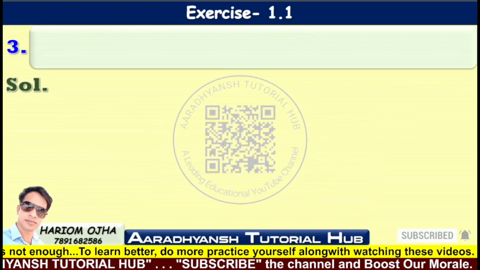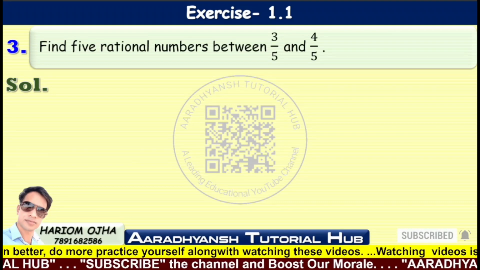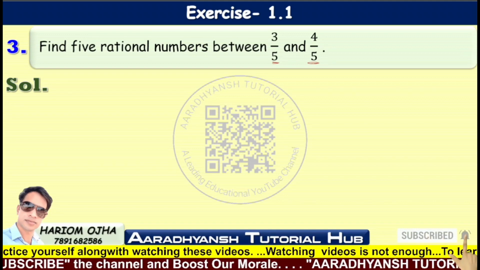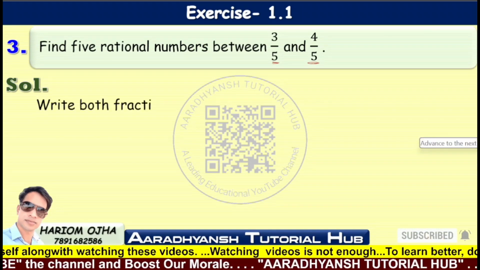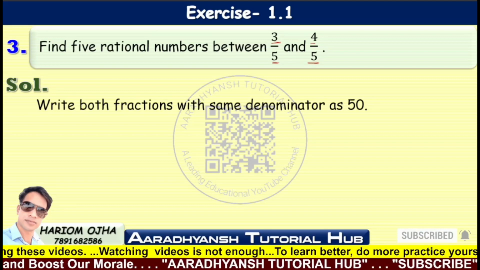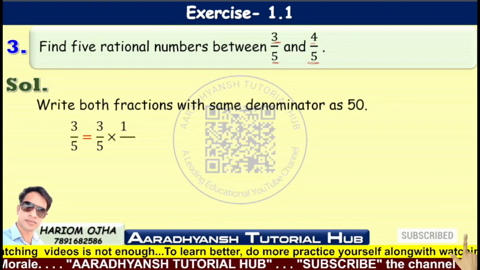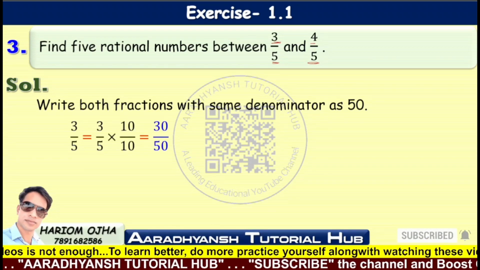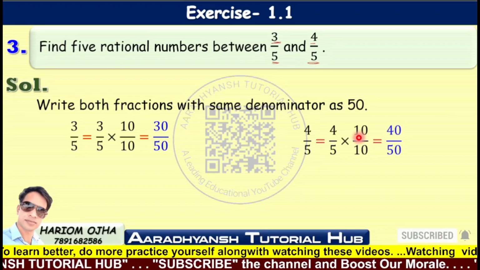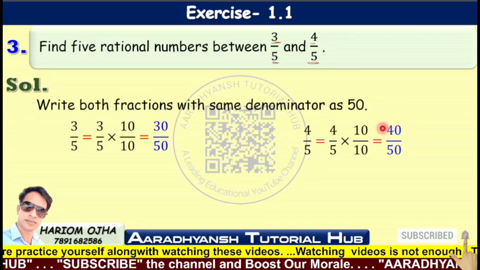Okay, students. Now next question, third, is find 5 rational numbers between 3 over 5 and 4 over 5. Here denominator for both the rational numbers are same, but there is no number between 3 and 4, so we have to multiply its numerator and denominator with another integer. So generally we multiply by 10 over 10 and we will get 30 over 50. And when we multiply 4 over 5 by 10 over 10, we will get 40 over 50, and you can write 31 to 39 over 50.